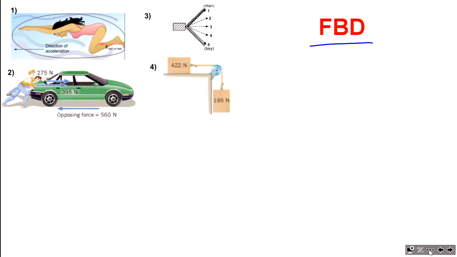For example, picture number 1. So we have the object of our interest. And we have to use our common sense to show all forces acting on it. Well, first of all, of course, there is a force acting from the wall, which propels her. But everything happening here on this planet must involve the force of gravity because of the Earth pulling down.